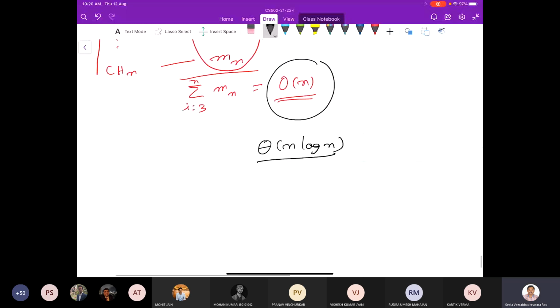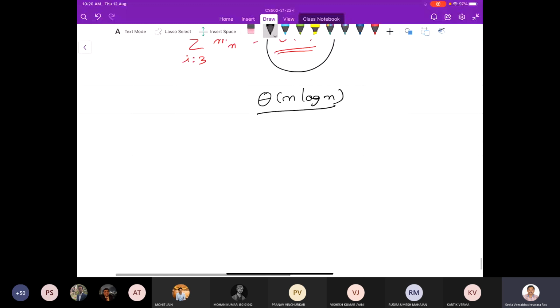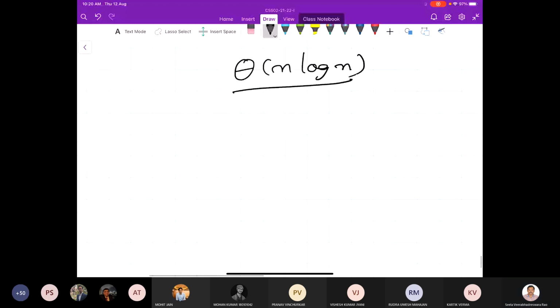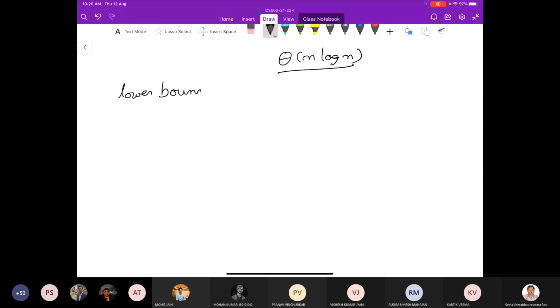So how many of you know that lower bound for sorting is n log n? Yeah, all of the comparison-based sorting algorithms have a lower bound of n log n. All of you remember that lower bound proof, no?